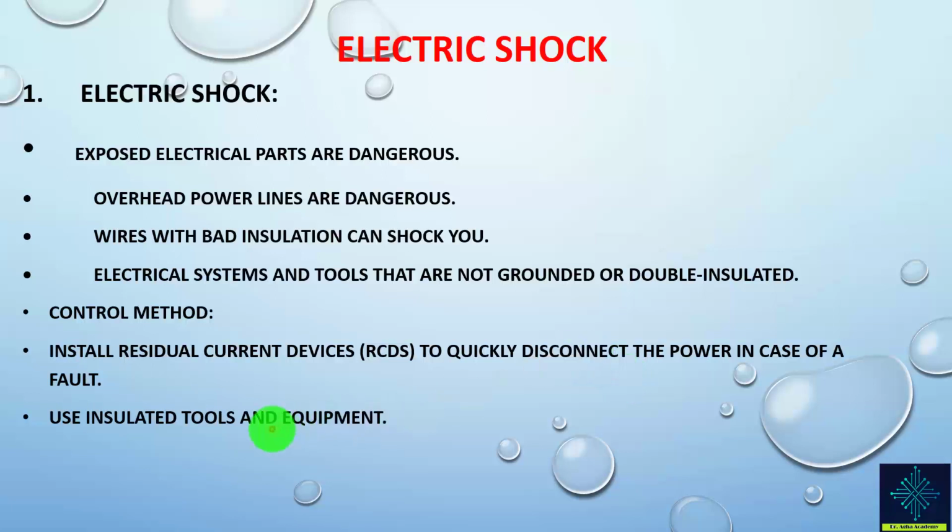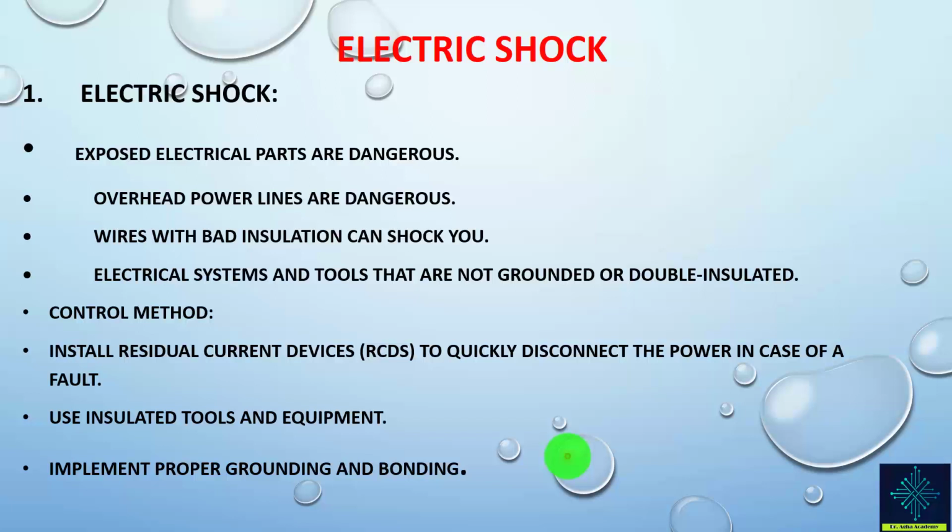Use insulated tools and equipment, and the insulation should be proper insulation. We also have to implement proper grounding and bonding, and here I'd rather remind you of this bonding on the final circuit breaker, on the final DBs or final panels.